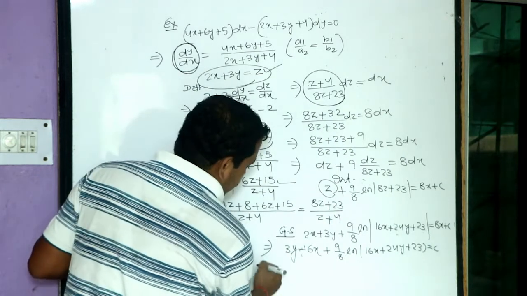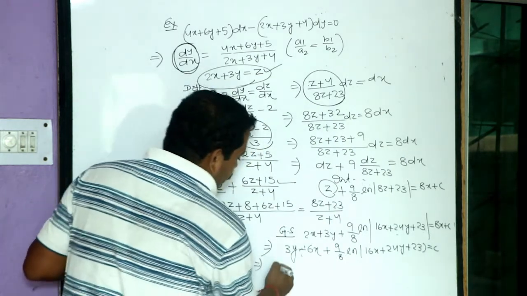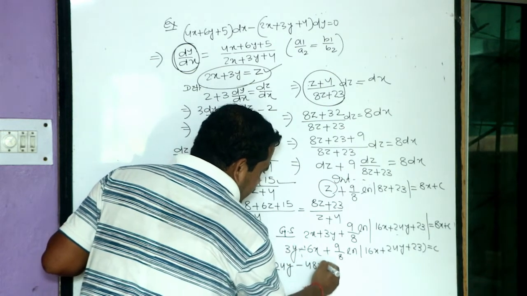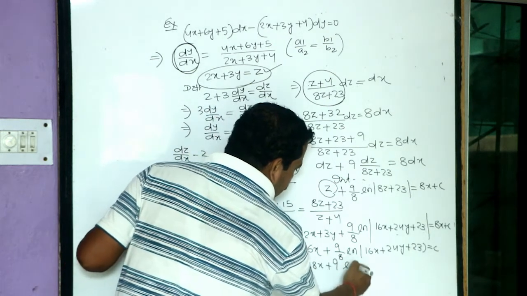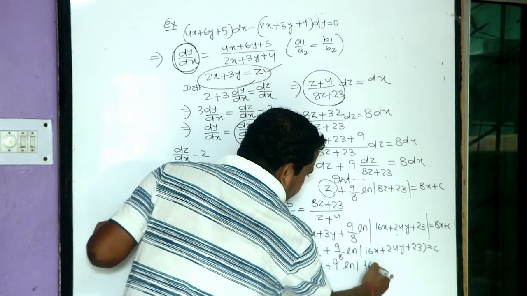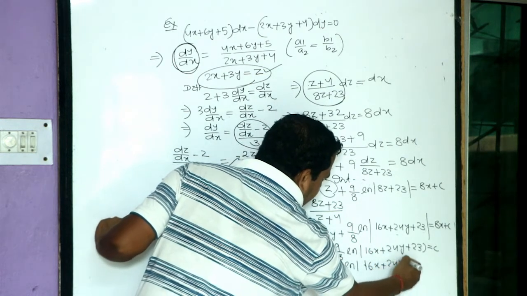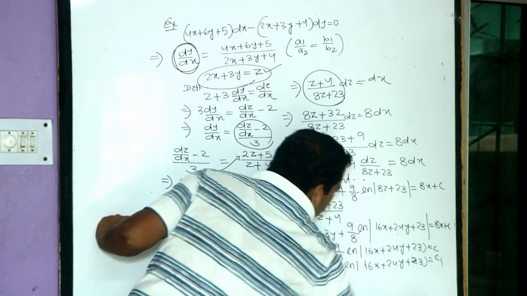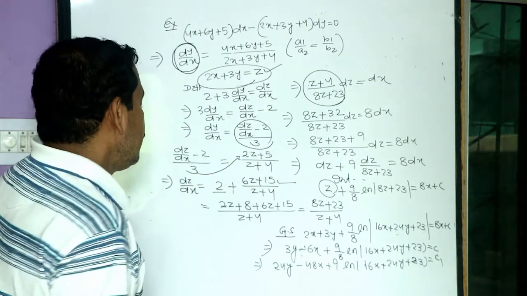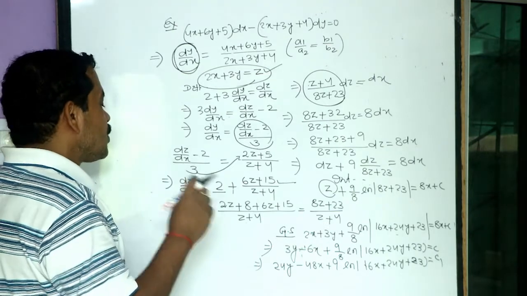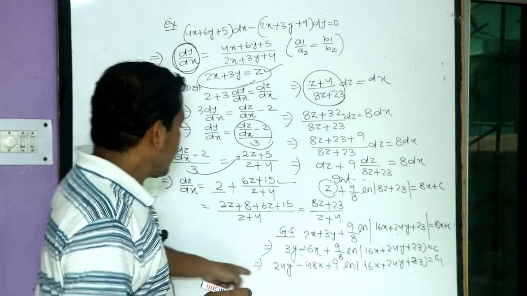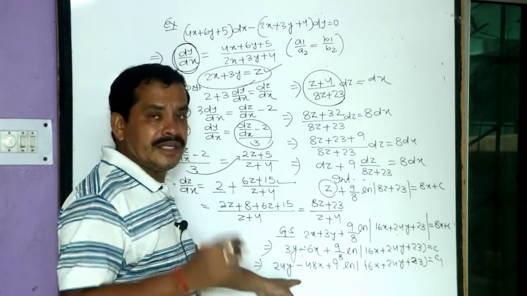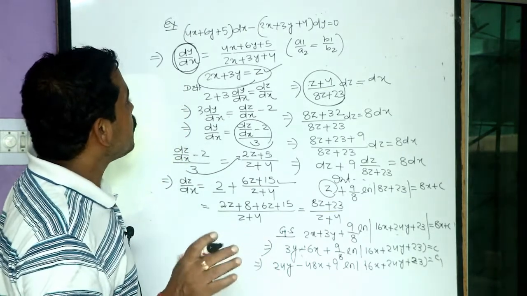Or after simplification it will be 24y minus 48x plus 9 log(16x + 24y + 23) equals 8c or c1. This is the general solution. You can also cancel 3 here. Maybe or maybe not, this is the general solution of this differential equation.